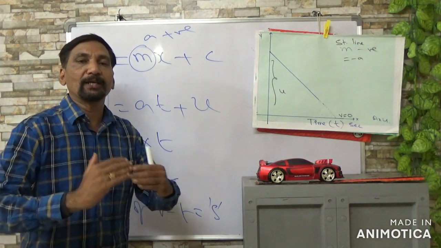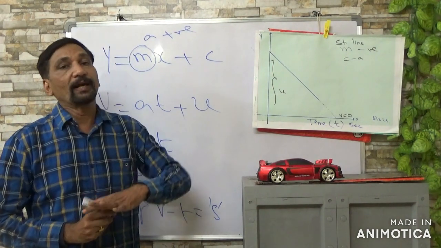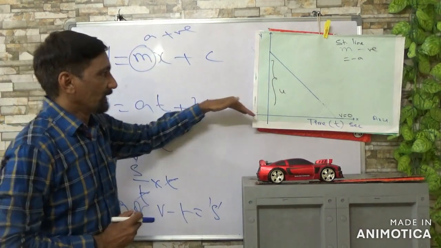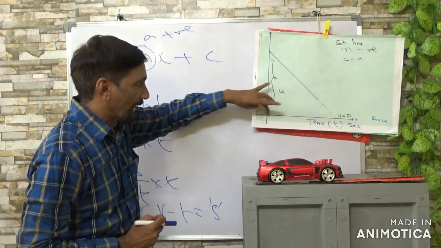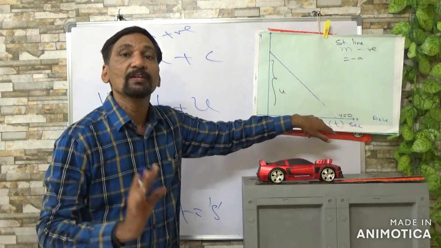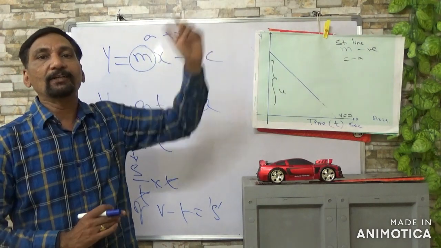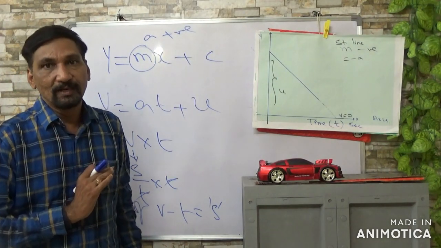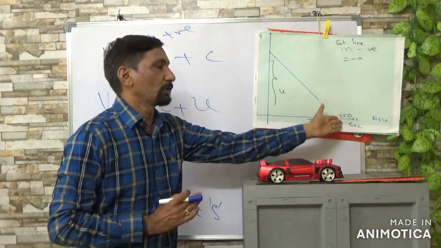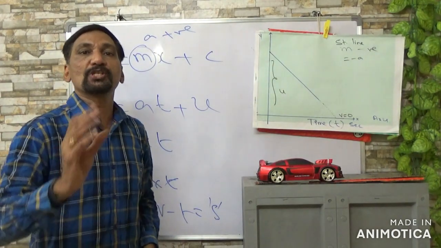Remember the time taken by a body to attain maximum height, you call time of ascent. Okay, so the height attained by it is called maximum height. Okay, so it is similar to a projected body.